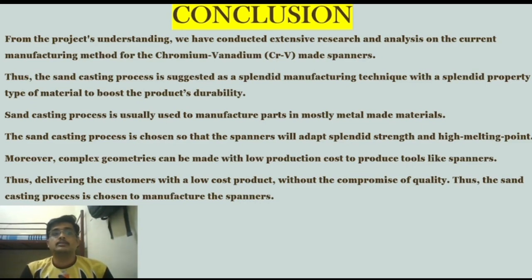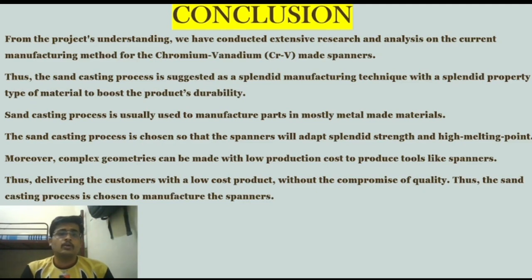So why? The sand casting process is suggested as it is a splendid manufacturing technique with splendid properties for the spanners. The sand casting process is usually used to manufacture most metal mates. It is chosen so that the spanners will adopt splendid strength and a high melting point.